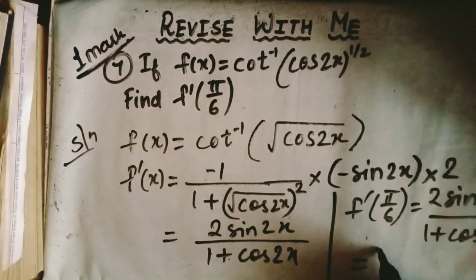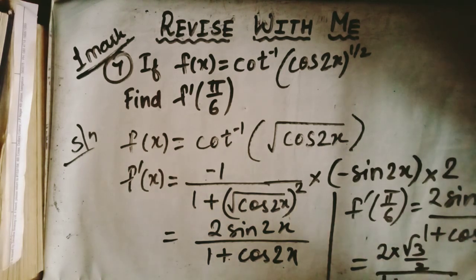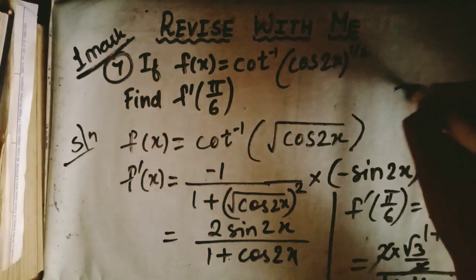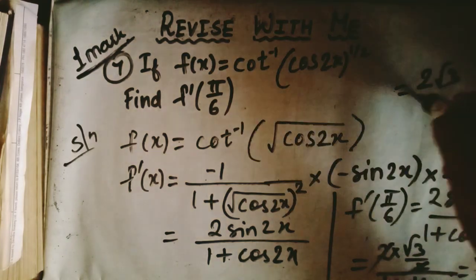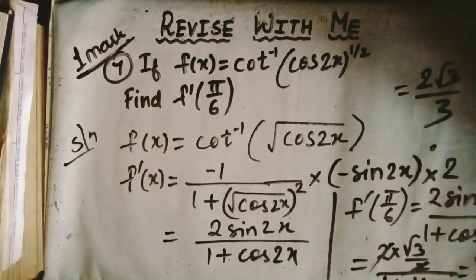So 2 into sine 60, which is root 3 by 2, upon 1 plus cos 60, which is half. So you will get root 3 upon 3 by 2. So final answer is 2 root 3 upon 3.